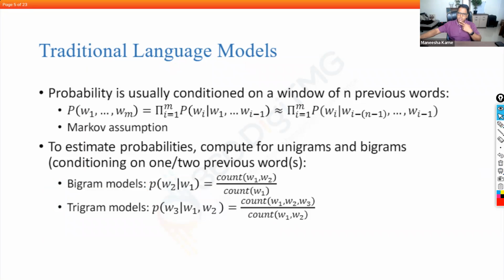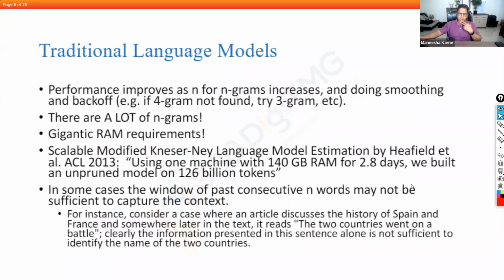In this way, if we keep calculating the probability values of different words, when you move from unigram to bigram to trigram, etc., the amount of compute that you need would exponentially keep increasing.